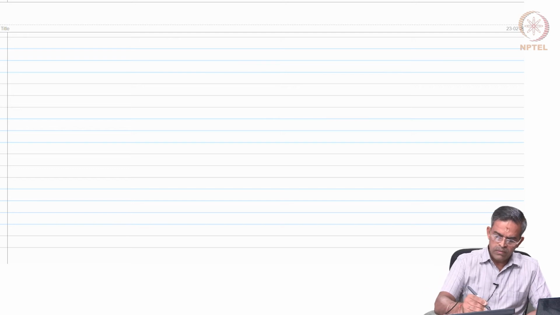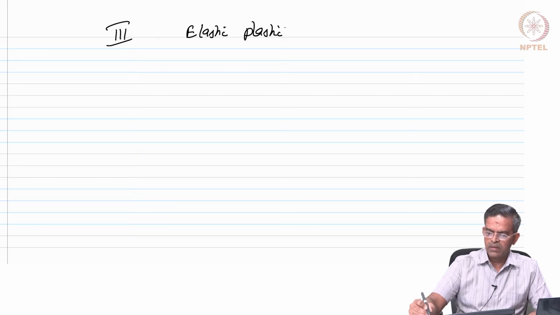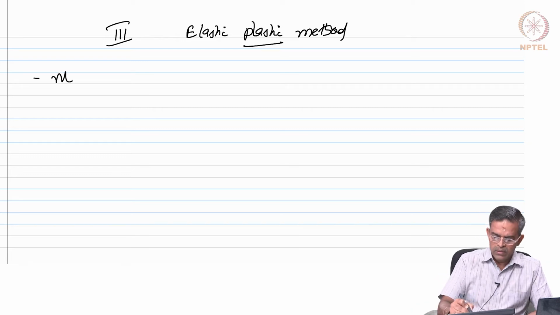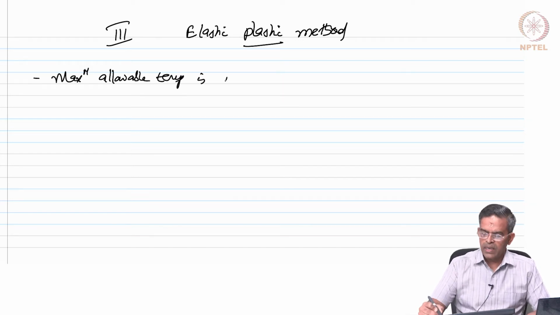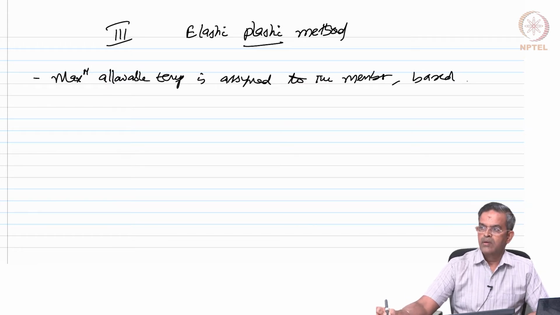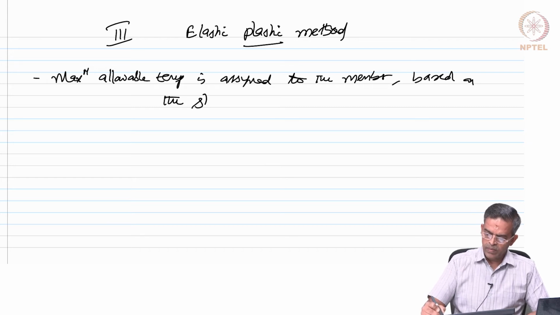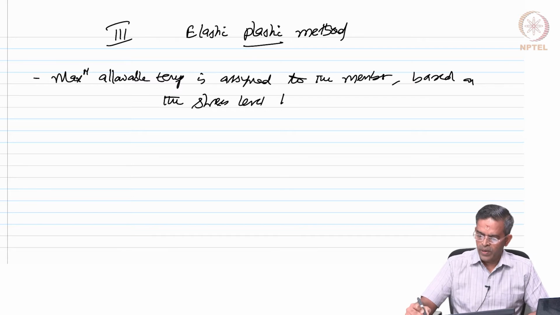The third method is elastic plastic method, where the maximum allowable temperature is assigned to the member based on the stress level before fire.